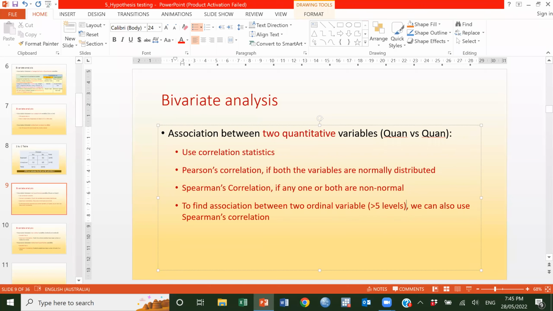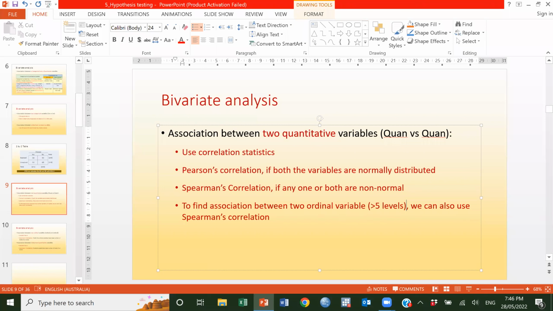For example, to find association between intensity of pain, such as no pain, mild pain, moderate pain, severe pain, extremely severe pain, and stage of cancer, such as stage 1, stage 2, 3A, 3B, 4, 5.